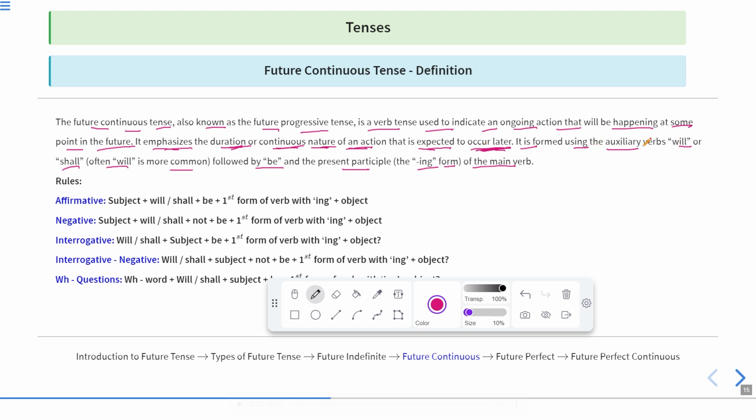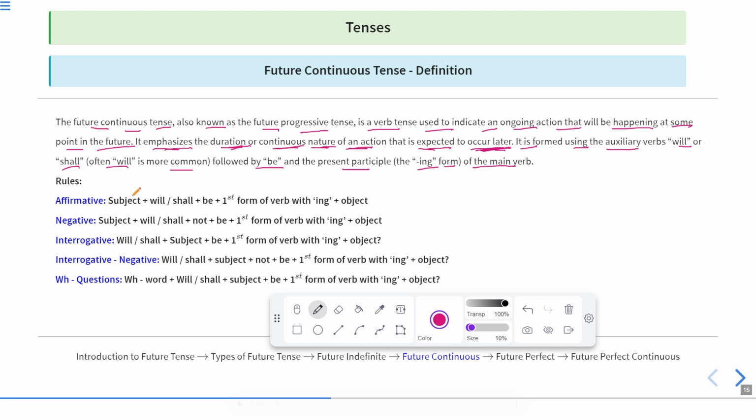Now, in case of future tense, modals are always compulsory. So, we can use either will or shall according to the subjects. With I and we generally use shall, but basically we use will with all these subjects. It is more used.